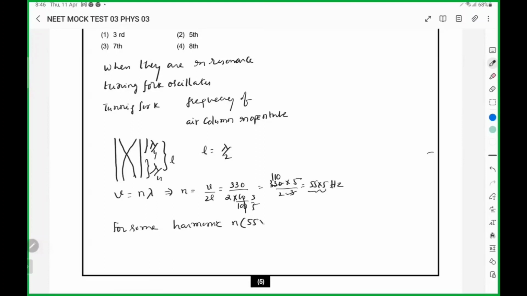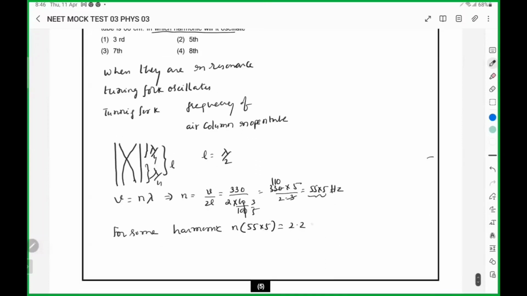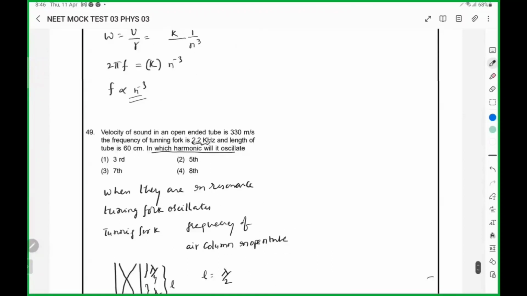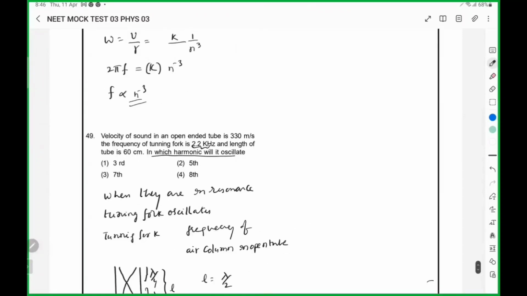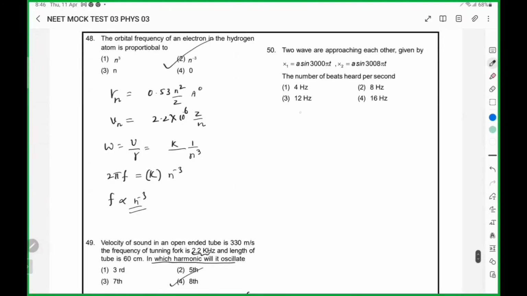So n into 55 into 5 must be equal to 2.2 kilohertz. 11 times 5 is 55, n into 25 is equal to 2 into 100. That is, in the eighth harmonic, frequency of air column and frequency of tuning fork are the same, then it oscillates.